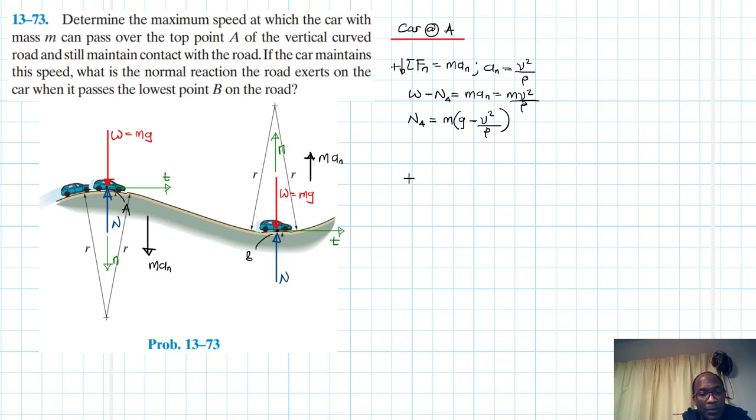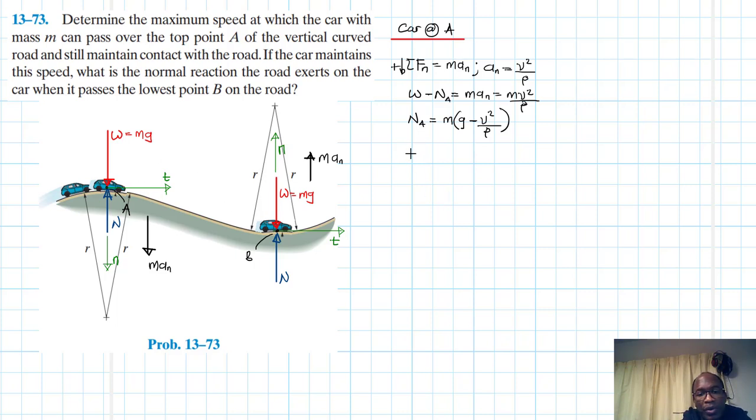There are three cases. There's one case where this vehicle at a certain speed will not be touching the surface. The second case will be at a certain speed, it will be at the verge of almost losing contact. Then the third case is where it will be completely in contact.